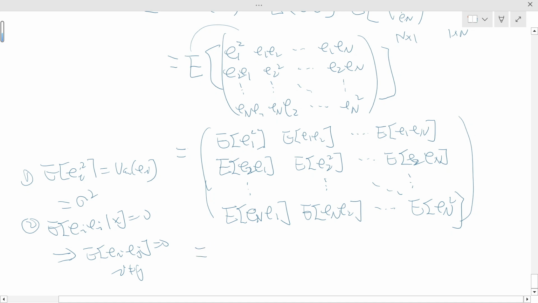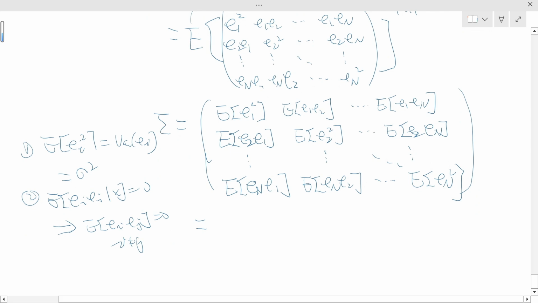So now we see that in this n by n matrix, which is called sigma, the diagonal elements are sigma squared and the off-diagonal elements are all 0.